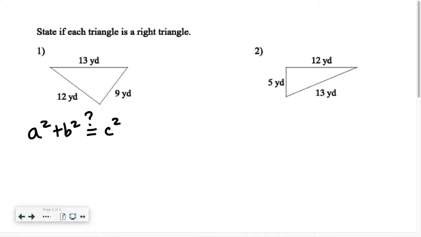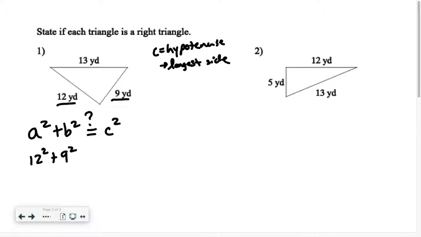C is the hypotenuse, or the longest side. So when we're checking this, here my A and B would be 12 and 9. Doesn't matter the order I put those in, just that I know they're my A and B. My C, my longest side, is 13. So I'm checking to see if these are equal.